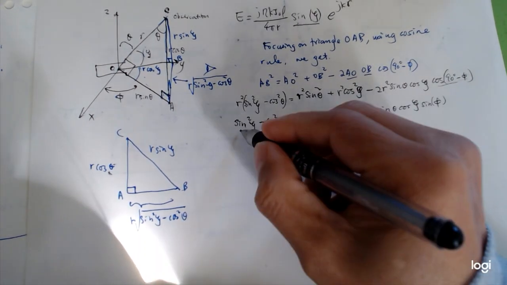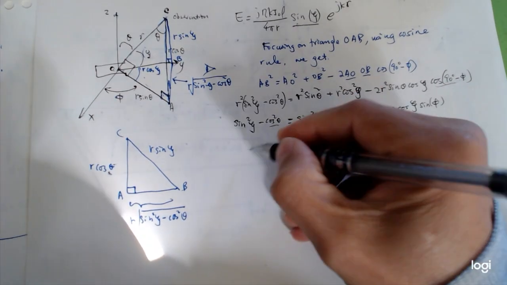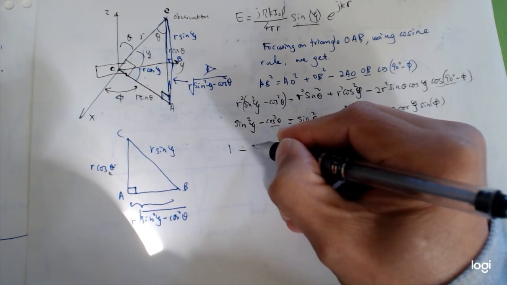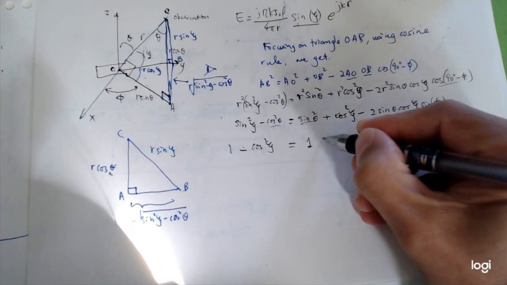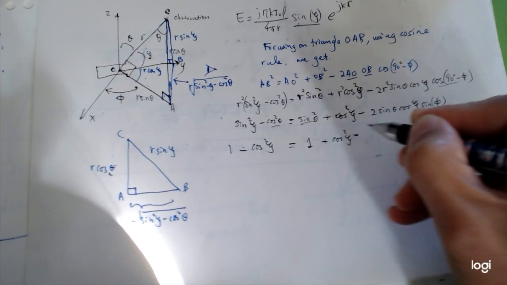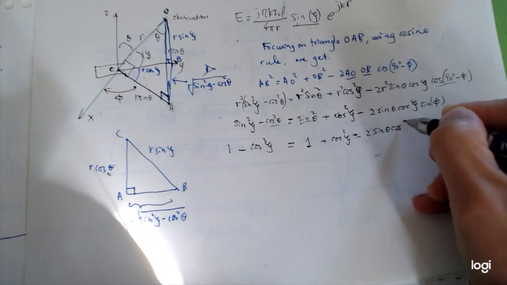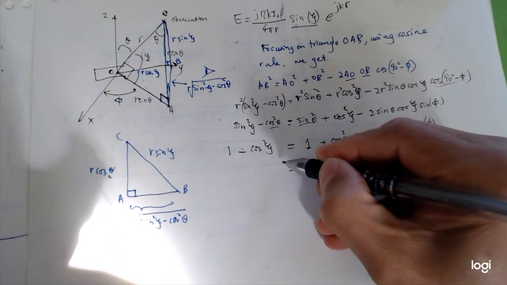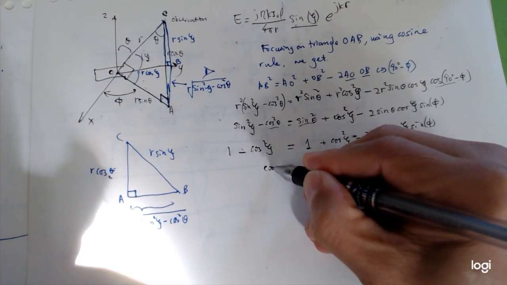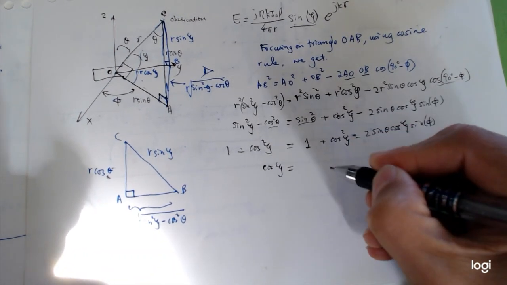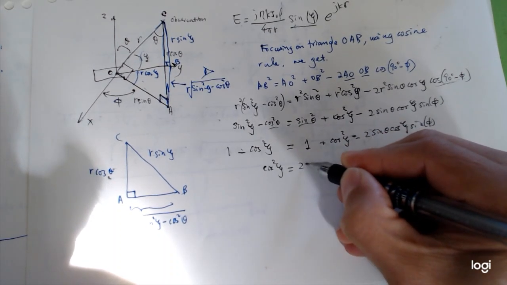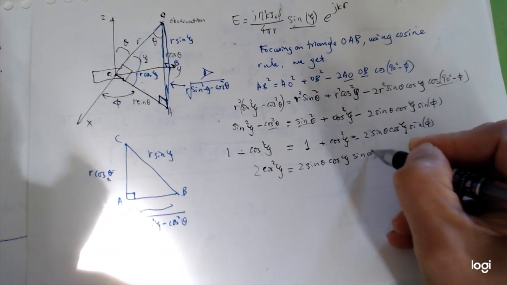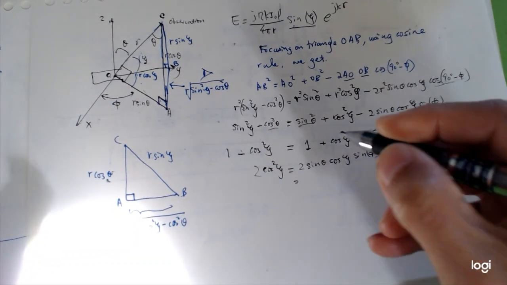And this term can go to the other side, and we end up with 1 cosine, and cosine here will be equal to... it's very clear now.